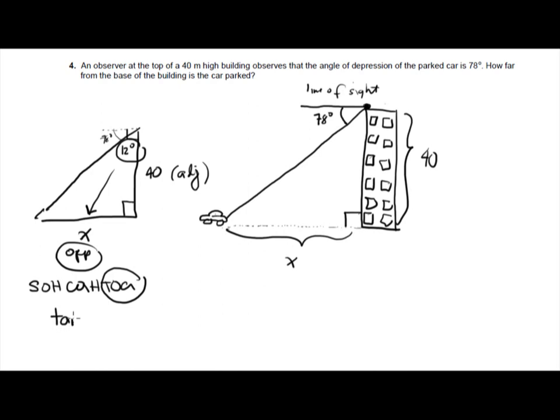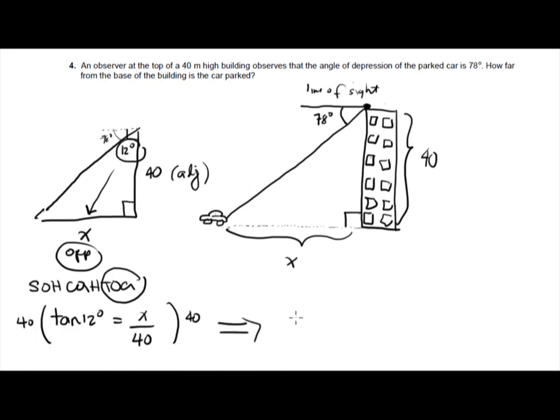So how do we set up the equation relating x, the 40, and the 12 degrees? We use tangent of 12. Take note, I'm not using 78 because 78 is outside this triangle. So tangent of 12 degrees is equal to the opposite side, x, over 40. To find x, we multiply both sides by 40.